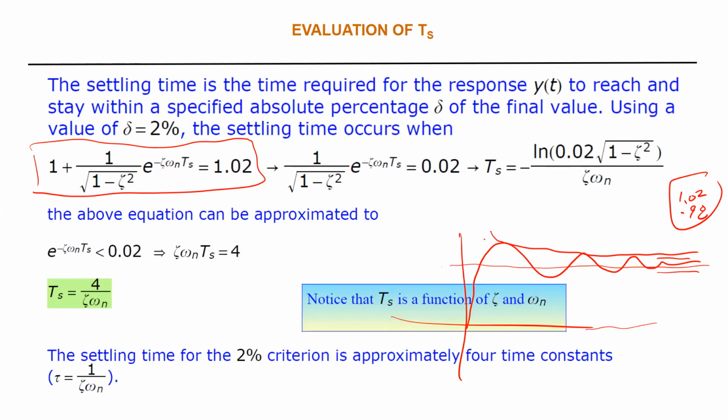Look, this formula is valid if my accuracy is within 2%. If I change this, let's say I take within 4% or 5%, definitely the formula will change. So now look, the settling time depends on zeta and omega n as well.